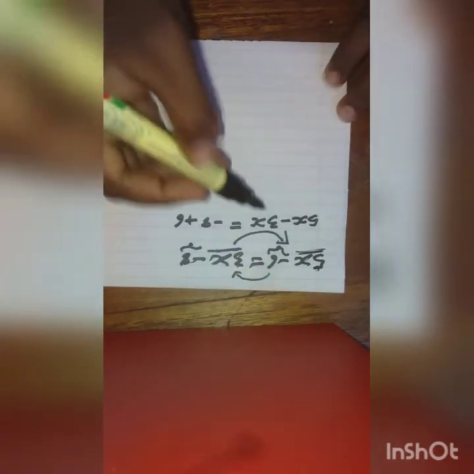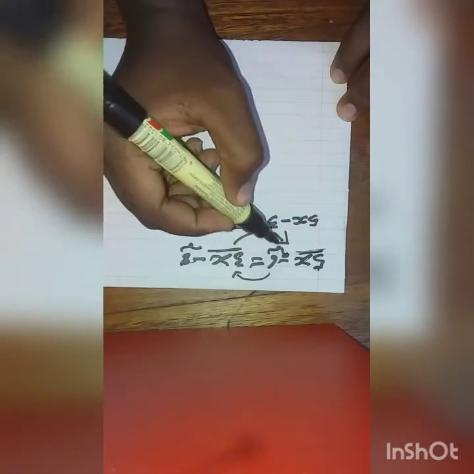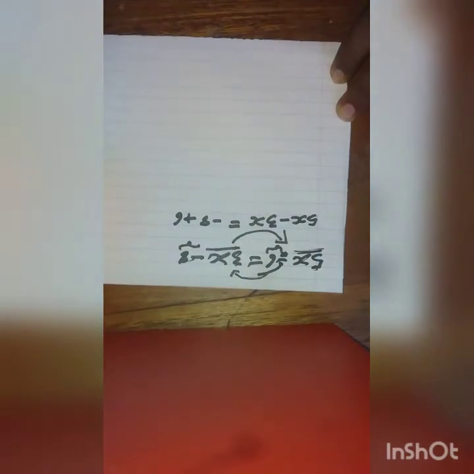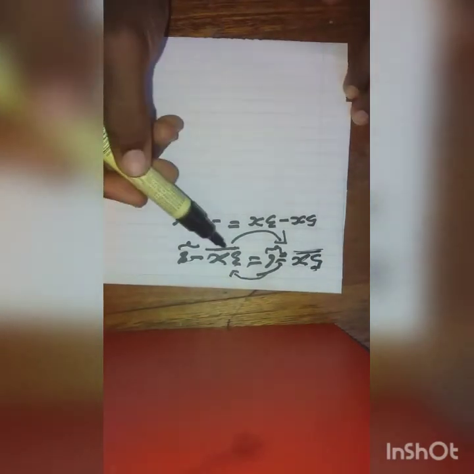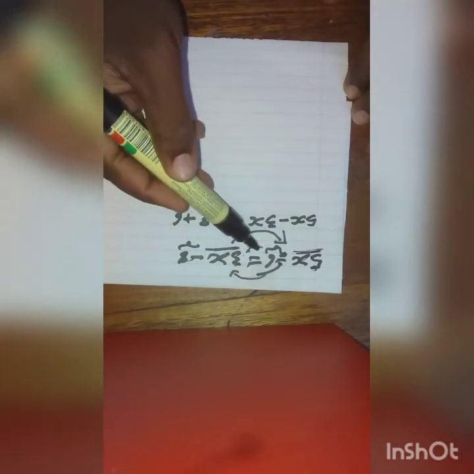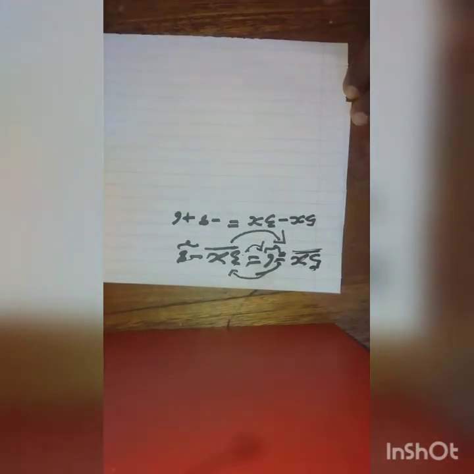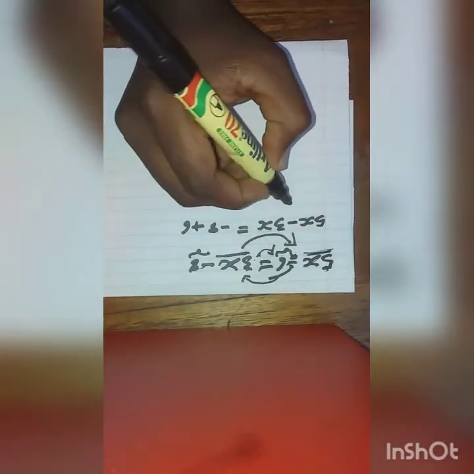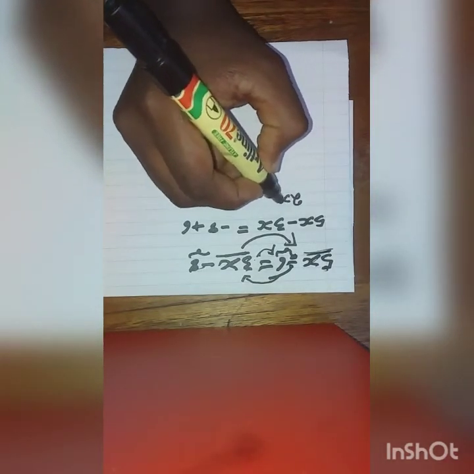I'm saying this because this 6 was a negative, so as it moves to the other side of the equal sign, it becomes a positive. And this 8 was a positive, so as it moves to this side, it becomes a negative. So now 5x minus 3x gives me 2x.